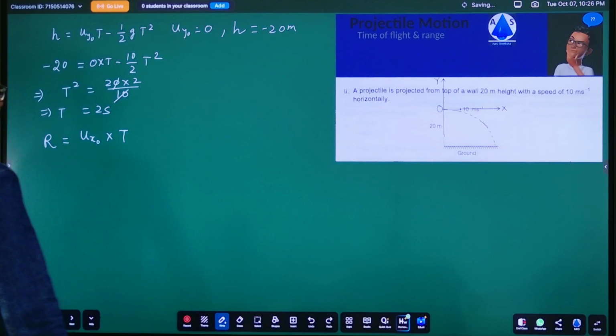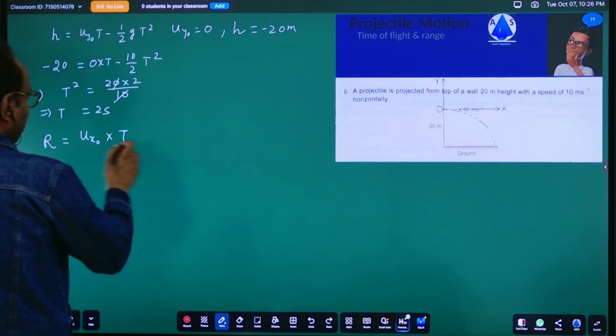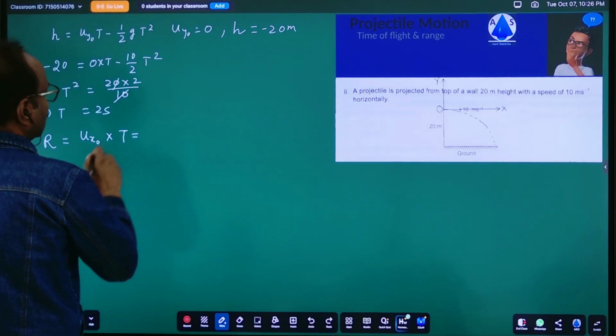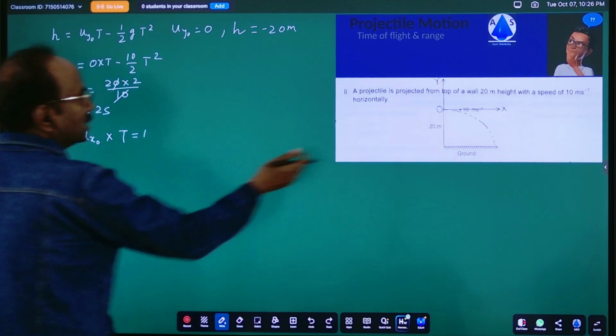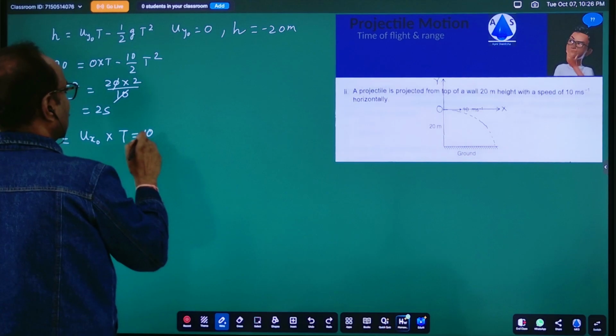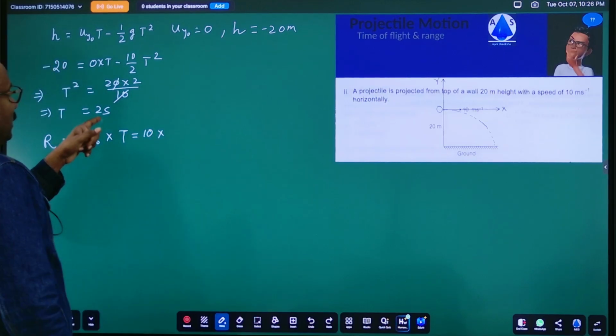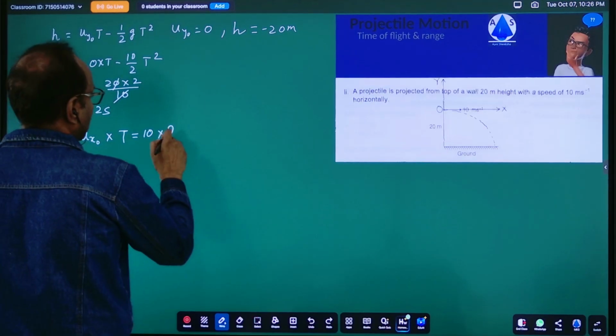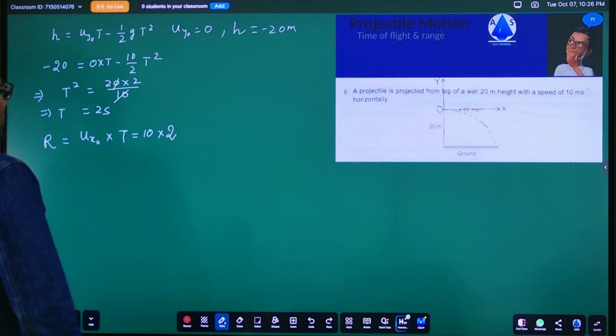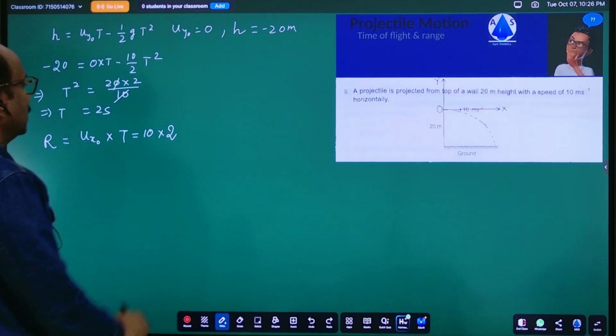Simply we multiply it with time, and we get the displacement, that is your range. ux naught is 10 meter per second. Time of flight we have already calculated, so range is 20 meters.